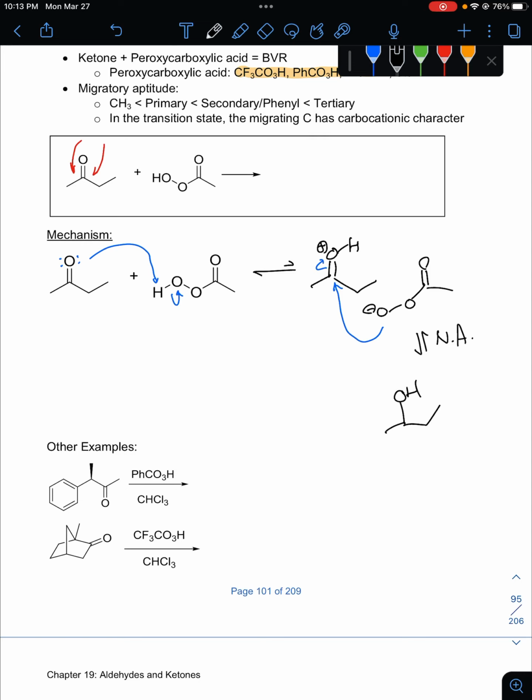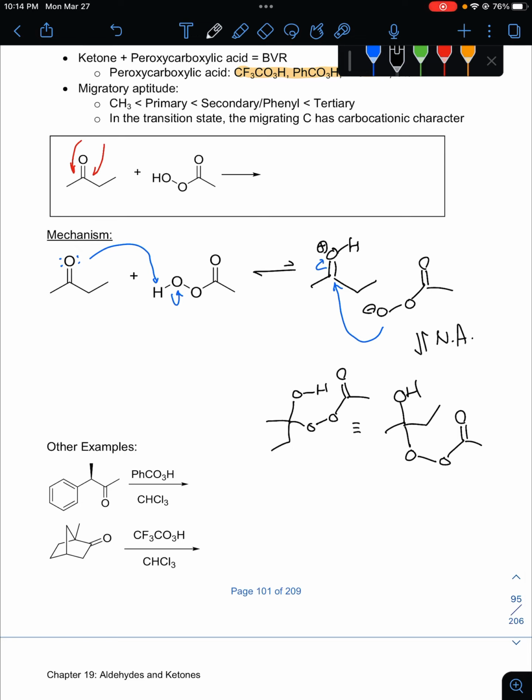And we would end up with this intermediate. Now, I'm going to draw this a little differently, just so that the next step can be drawn a little more easily, because it's one of those cyclic types of mechanisms.